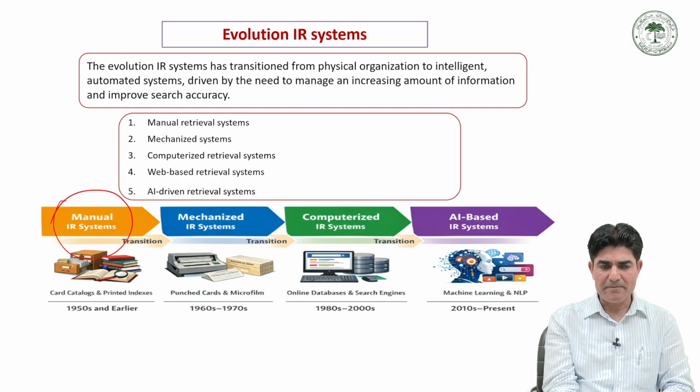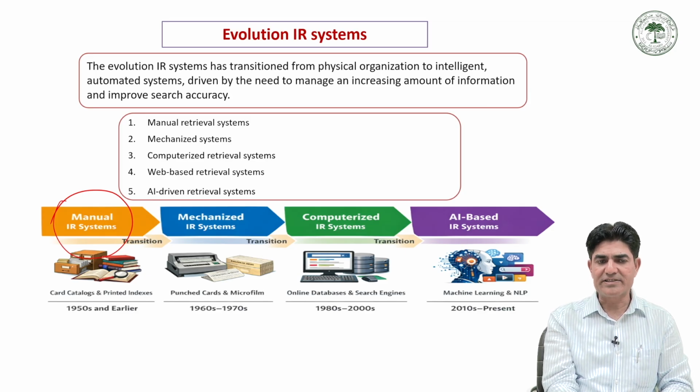Libraries are one of the important examples of manual information retrieval systems, where documents are acquired on the basis of the needs of the users, and technical processing is carried out on each document. That is, we need to prepare the card catalog or even printed indexes, and documents are organized on the shelf, and on the basis of searching the catalog, the user can find a relevant document from the library.